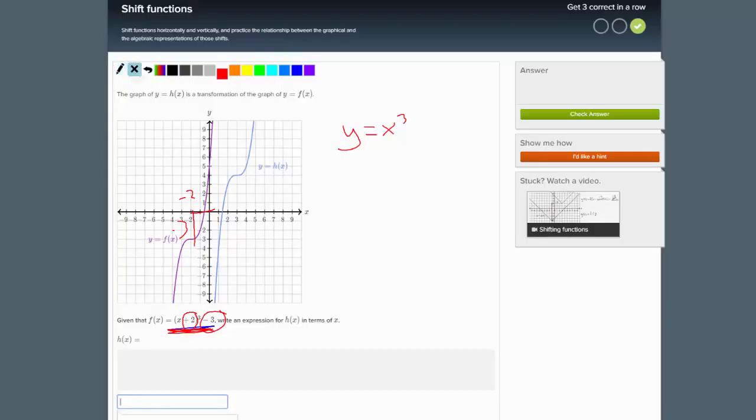Okay. So let's see if we can figure this out with the blue line, with h of x. So this point started here. I went right 3, up 4. Inside the grouping is my right and left, but remember it's reversed.